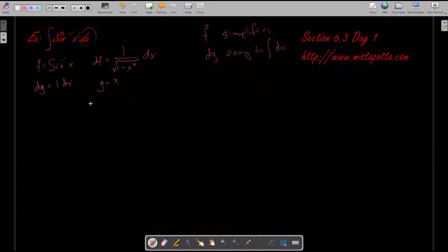And the integral of sine inverse x dx should be equal to f times g minus the integral of g df.